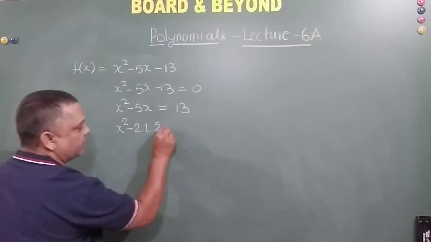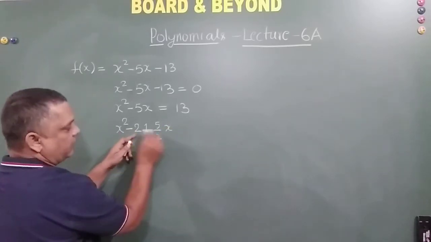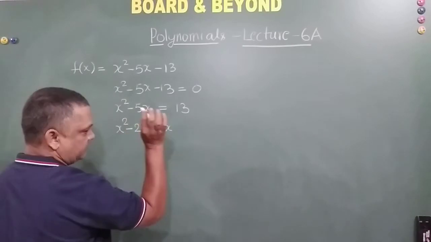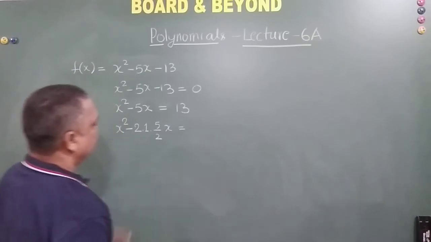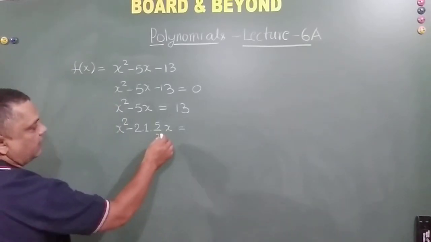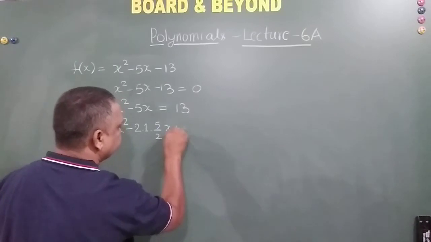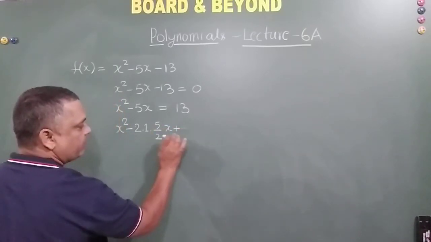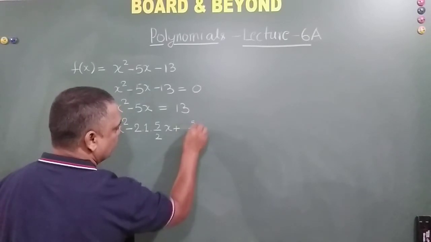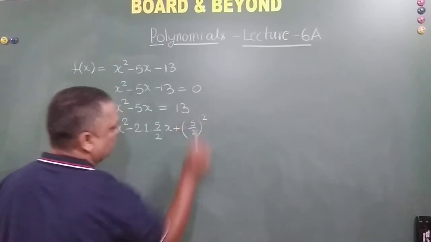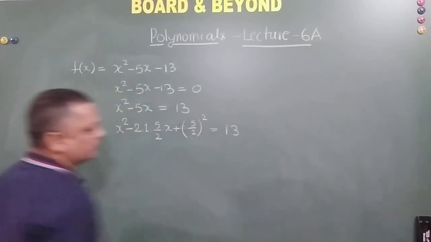And x. If I cancel 2 and 2 here, I am left with 5x. So what have I done here, my friends? I have added a square minus 2ab plus b square. What is the b that I have taken? I have taken 5 by 2, is equal to 13.